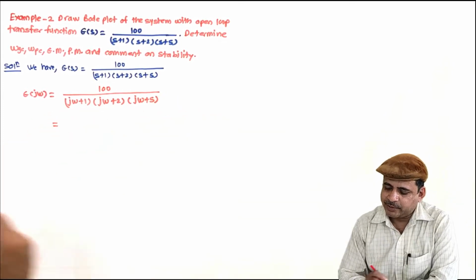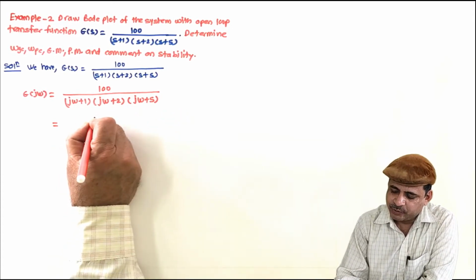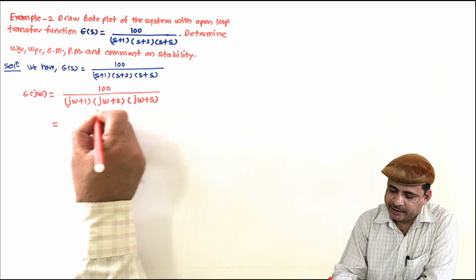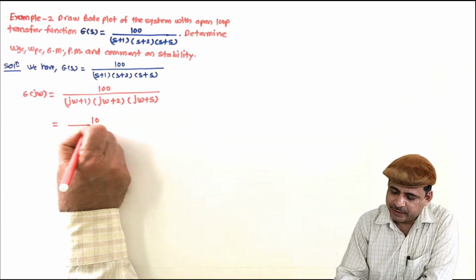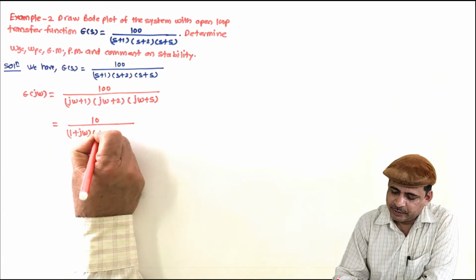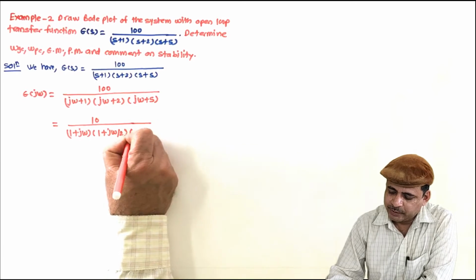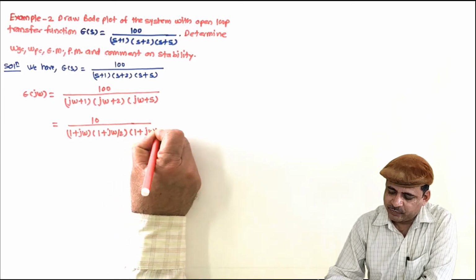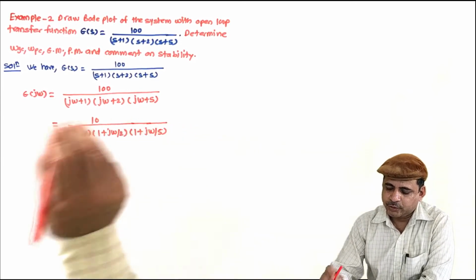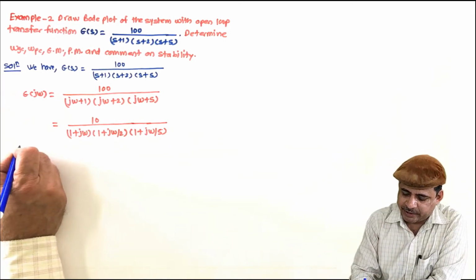This is not in standard format, so we need to take 2 common from this and 5 common from this. So it will be 100 by 10, that is 10, upon (1 plus j omega) into (1 plus j omega by 2) into (1 plus j omega by 5). So now it is in the standard form. So let us begin with the analysis for gain plot.